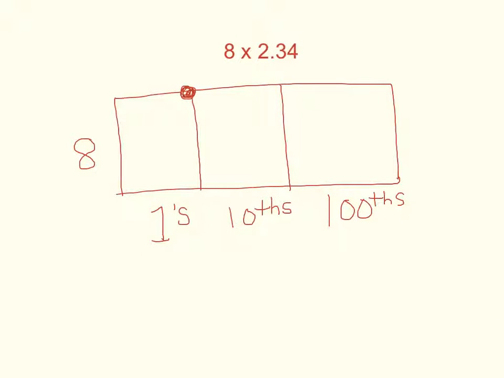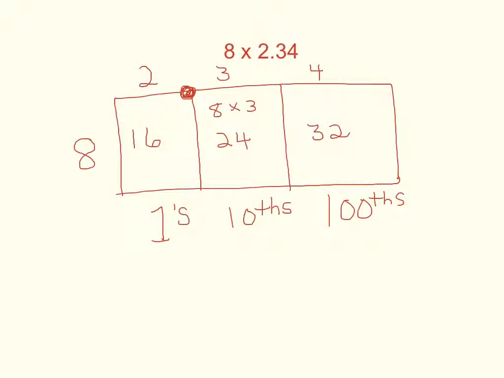For the next example, we had 8 times 2 and 34/100ths. I already drew my place value chart, and I'm just going to multiply each piece in its place value. 8 times 2 ones is 16 ones. 8 times 3/10ths is 24/10ths. And 8 times 4/100ths is 32/100ths.